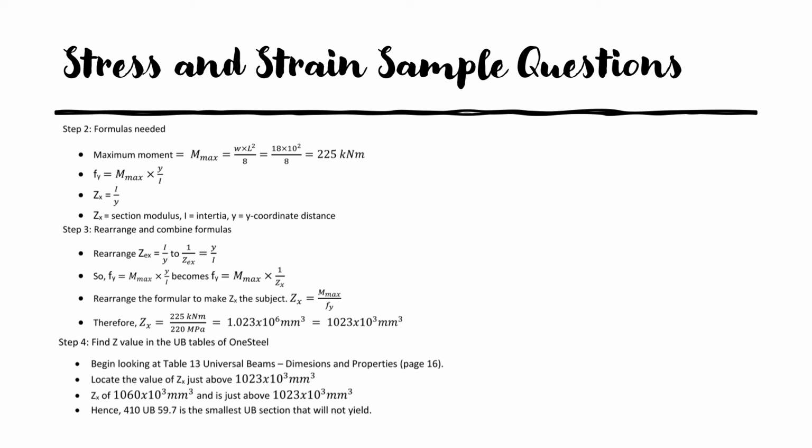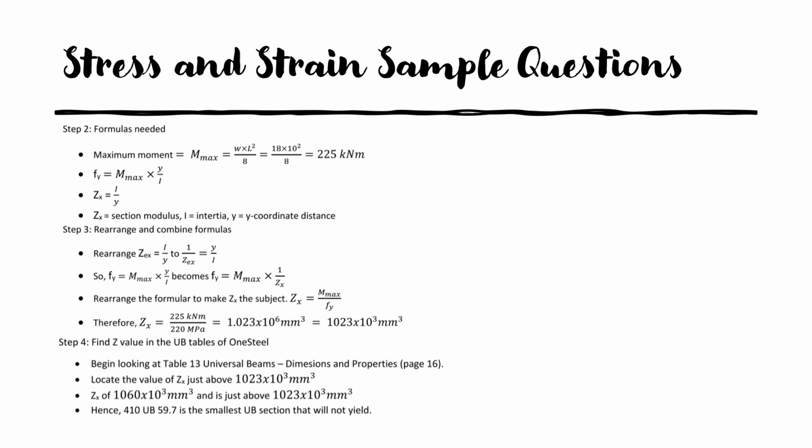Therefore, we can calculate that the maximum moment equals 225 kNm. We already know that the yield strength equals the maximum moment multiplied by the y section length divided by the section area, and also the section modulus equals the section area divided by the y-coordinate distance.